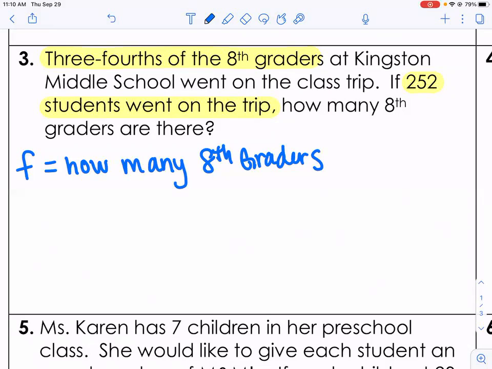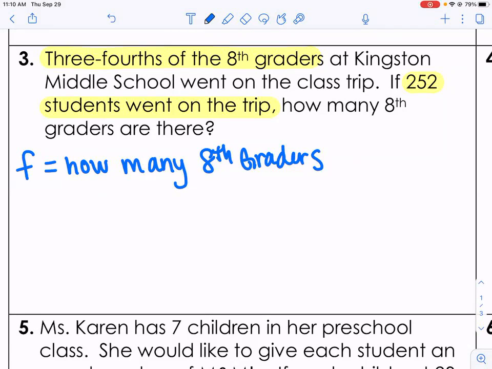Okay? So I know that you think that you are masters with your calculator, which maybe you are, but I still need you to show me your thought process. And if you're going to write an equation, I need to know what your variable means. Okay? So 3/4 of the 8th graders went on the field trip. 52 students went on the field trip.